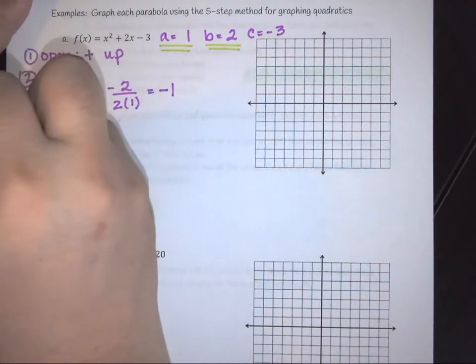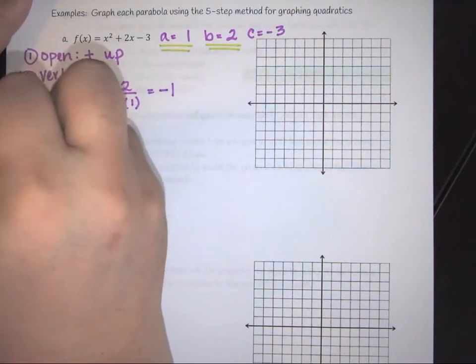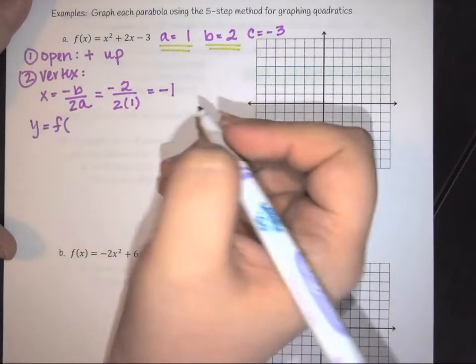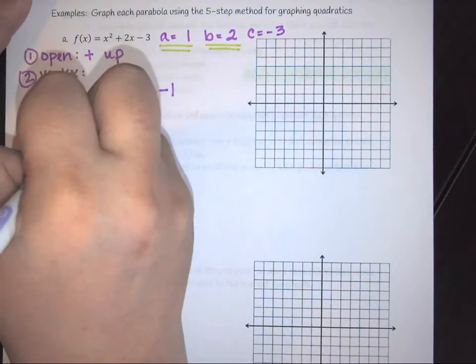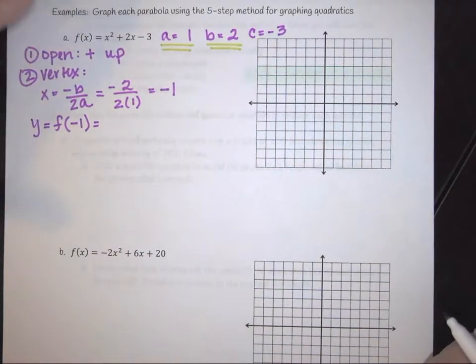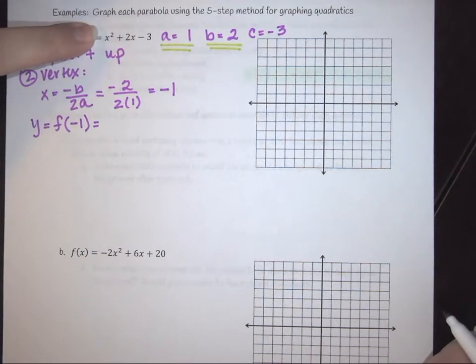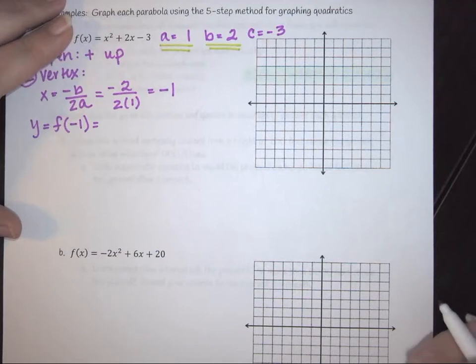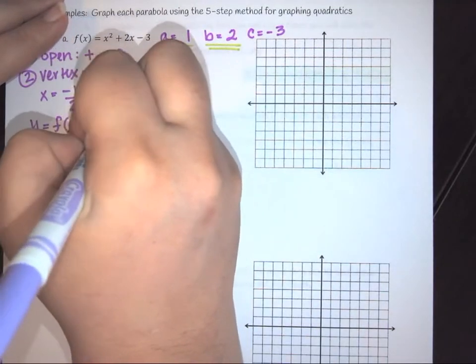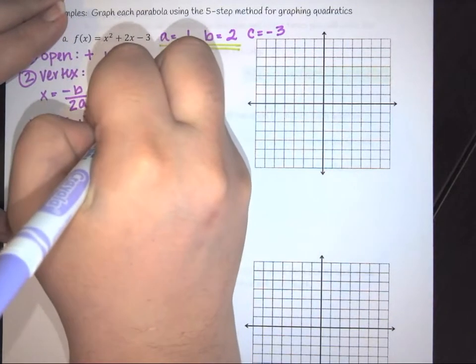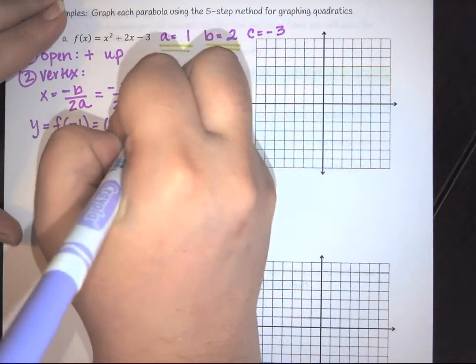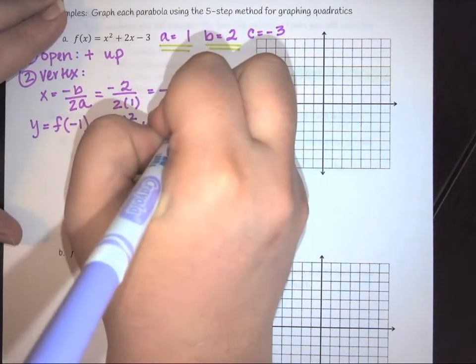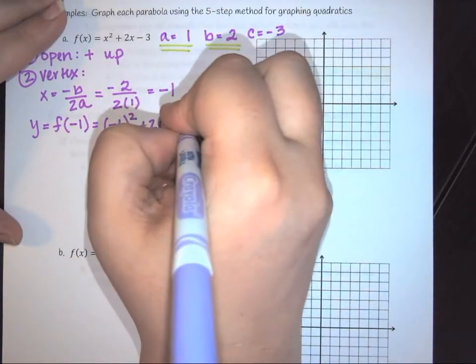Now we have to find your y, which remember is going to be f of my x, and my x was a -1, which says in my equation up here, anywhere that I had an x, I need to input -1. So this becomes -1 squared plus 2 times a -1 minus 3.